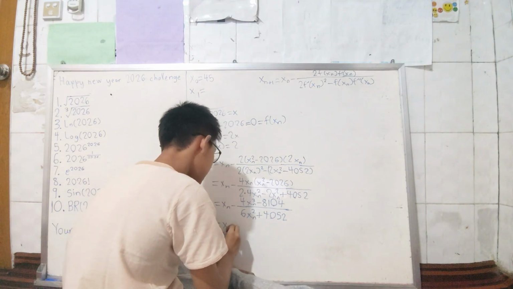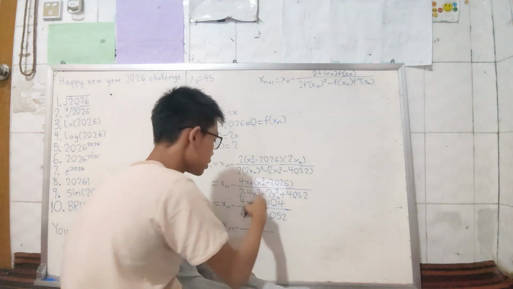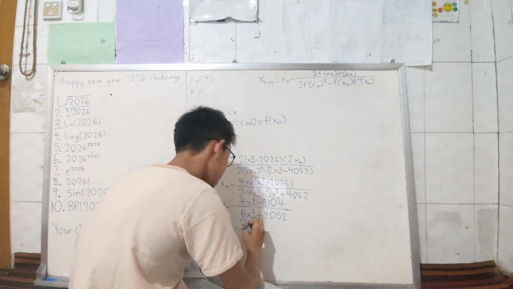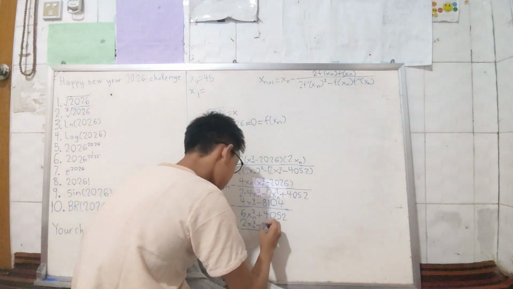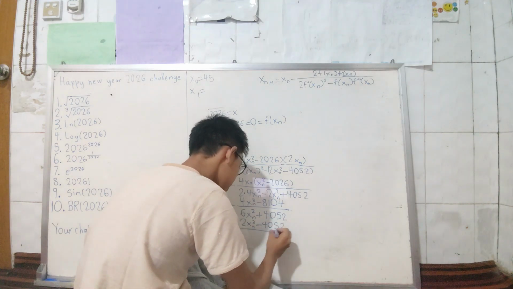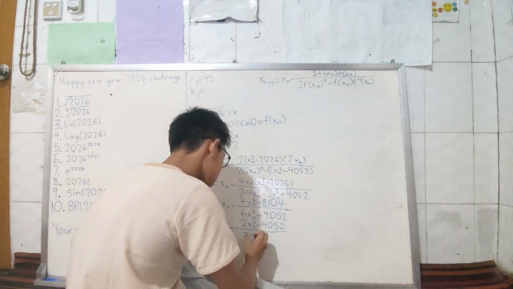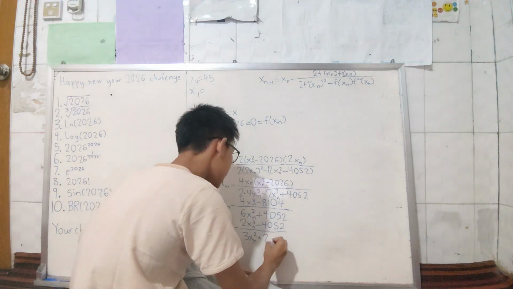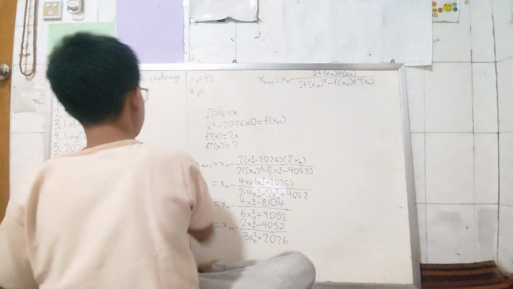We can simplify this a bit further because we can divide both the numerator and denominator by 2. So that's 2 times x of n cubed minus 4052 over 3x of n squared plus 2026. That's going to be our iteration right there.